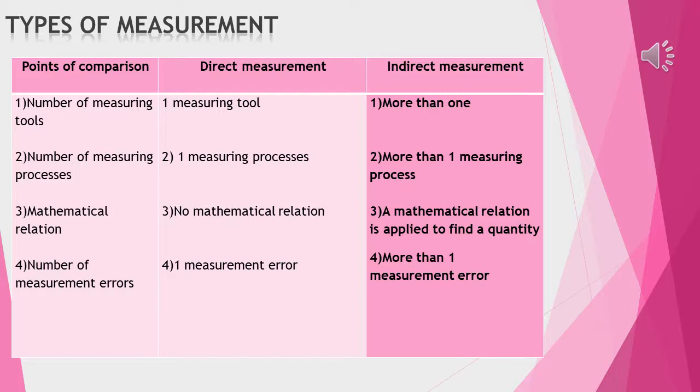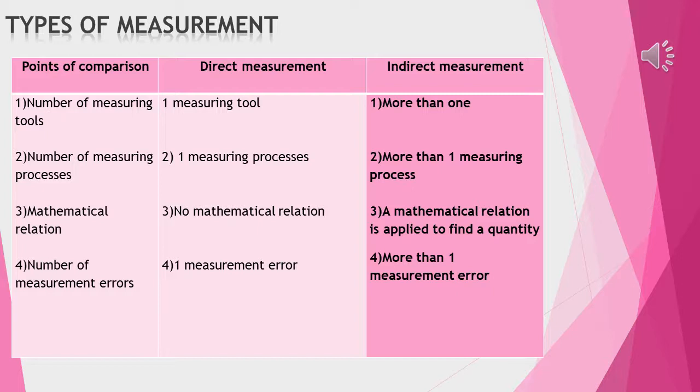Direct measurement has only one error, when I put the wire in the hydrometer, just one, and we have many reasons for this error. Indirect, maybe I have a mistake in measuring the mass, or a mistake in measuring length or width or height.